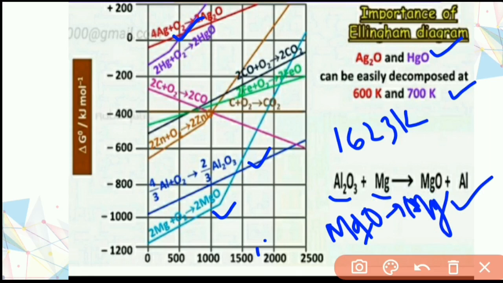So below 1623 Kelvin magnesium can reduce aluminum oxide, and above 1623 Kelvin aluminum can reduce magnesium oxide to magnesium.